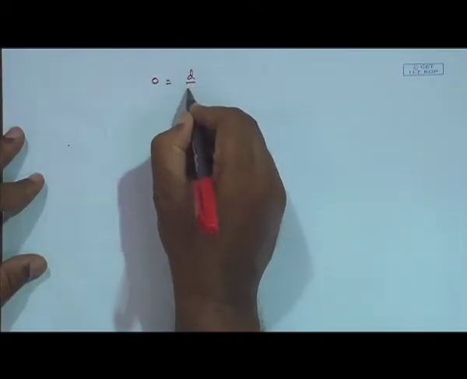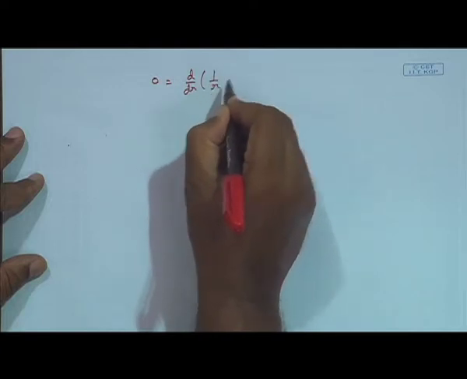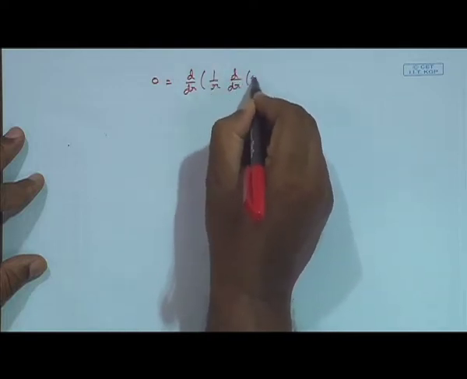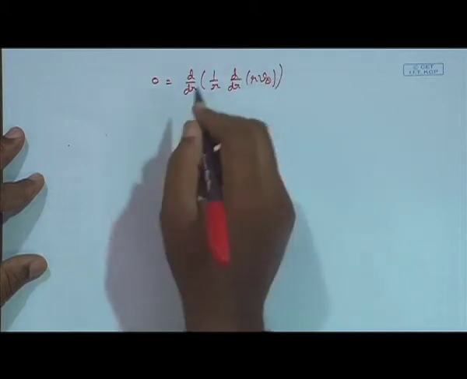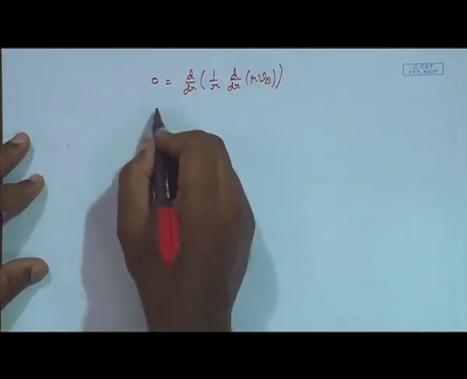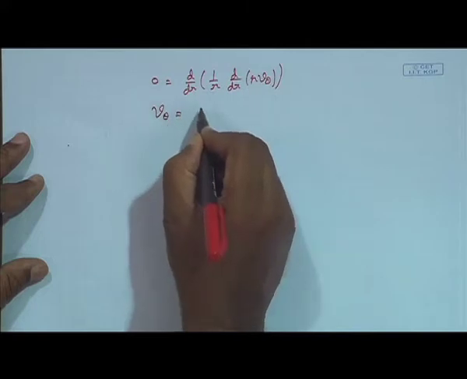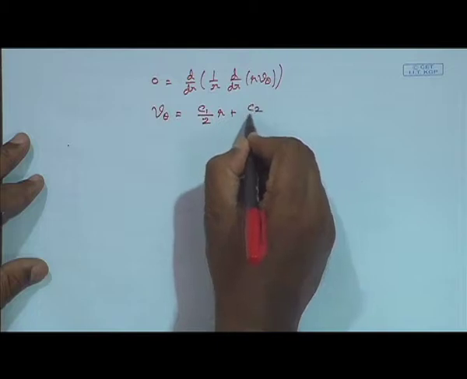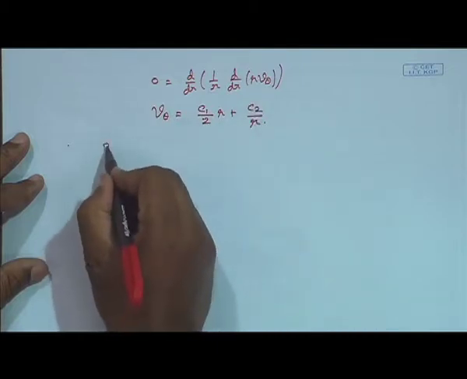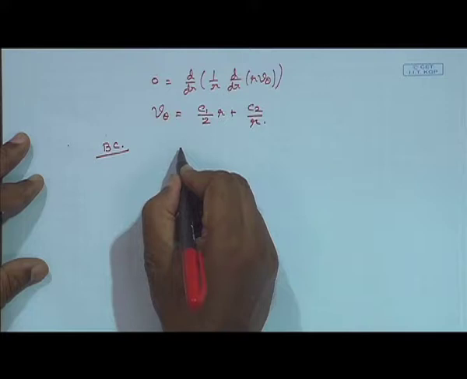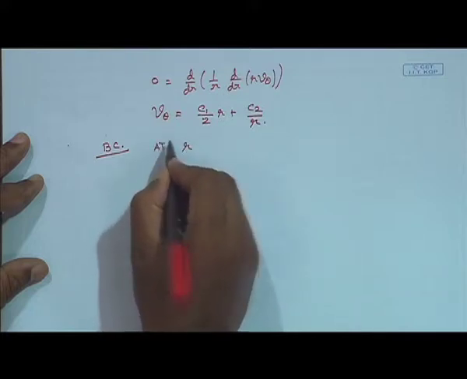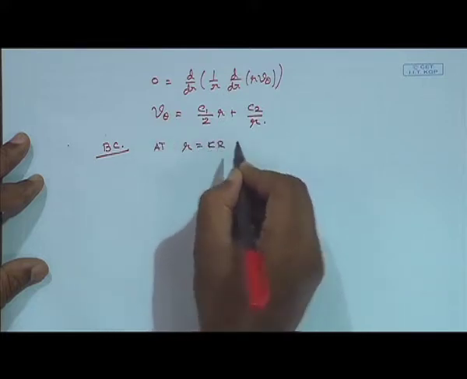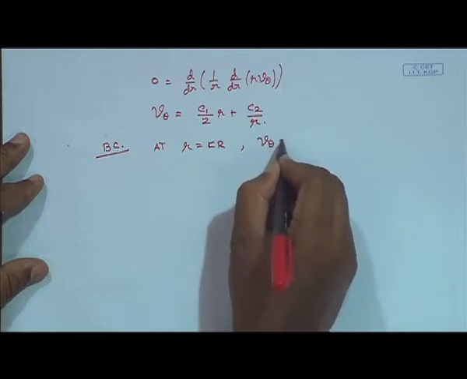We started with the expression that 0 is d/dr of (1/r d/dr of (r v_theta)), which upon integration would give you v_theta = c1 r/2 + c2/r. The two boundary conditions are the no-slip conditions, that is, at r equals kappa R, v_theta is 0.